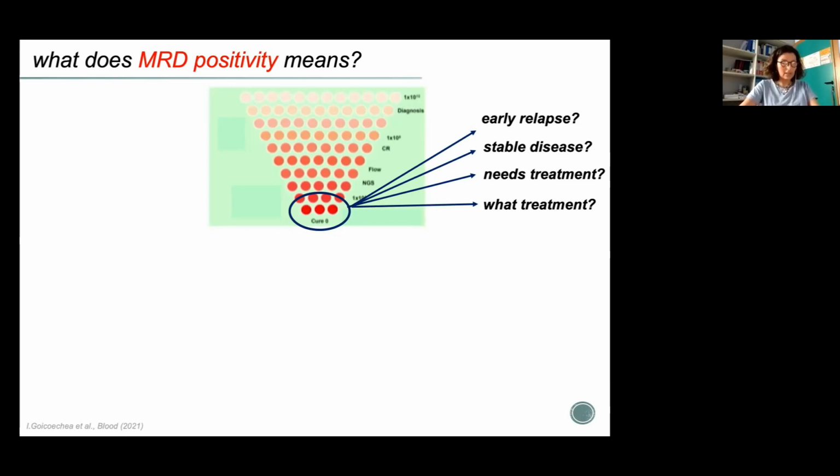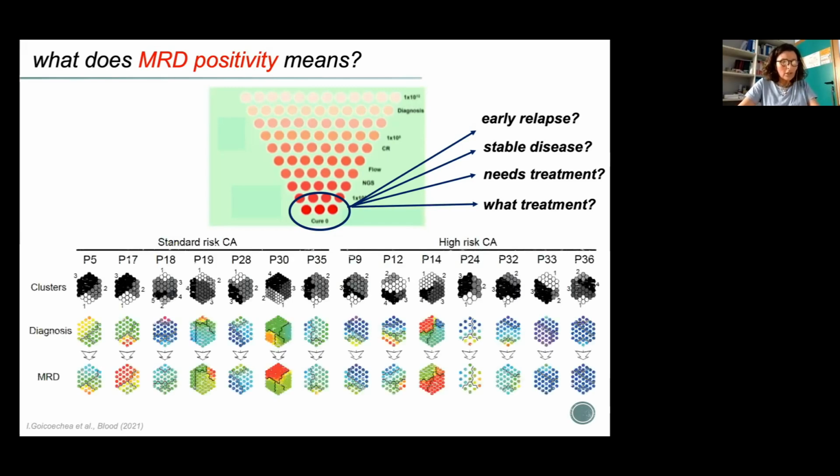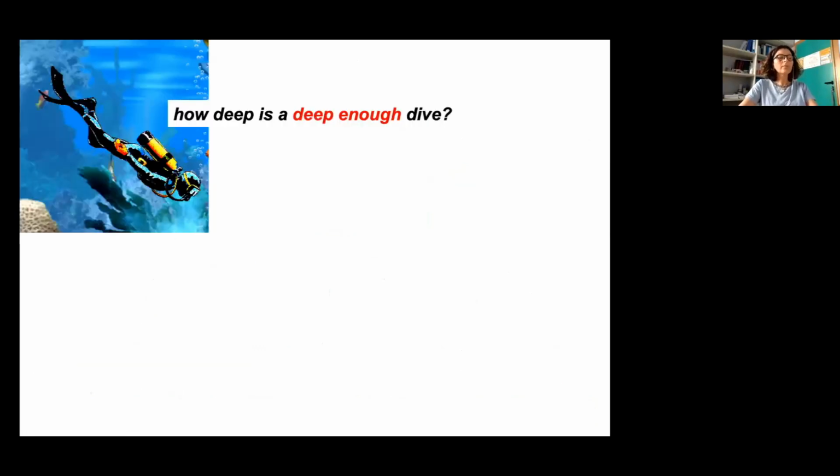From a biological point of view, minimal residual disease remains mostly an unexplored world, even though possibly highly informative to explain the mechanisms of resistance that each patient might develop to escape the selective pressure of therapy.